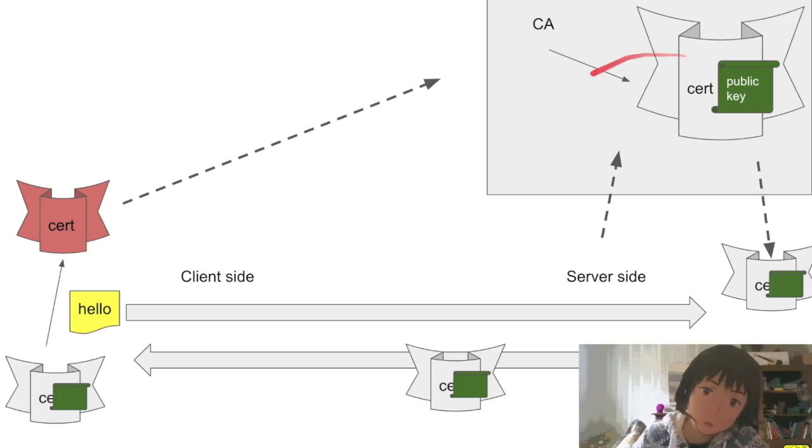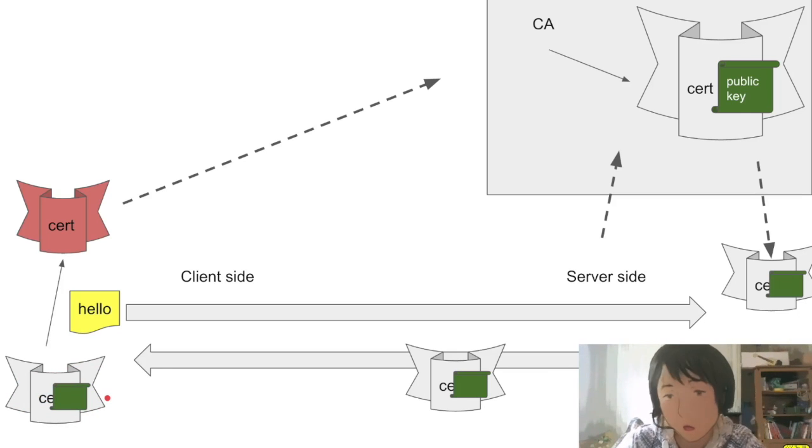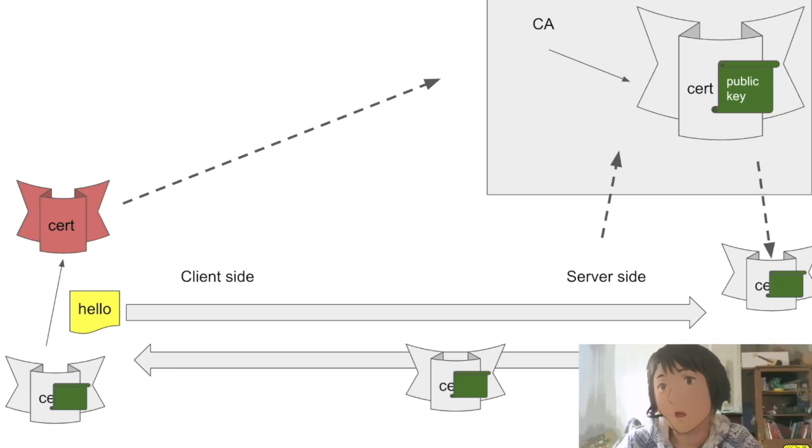So, once the client side receives a certificate and finds out on top of the certificate it has a stamp from XX CA, for example, it will go to something called the root certificate list, the pre-installed list I mentioned before, and find out whether XX is in the list.